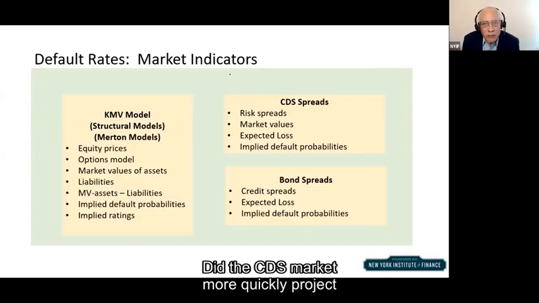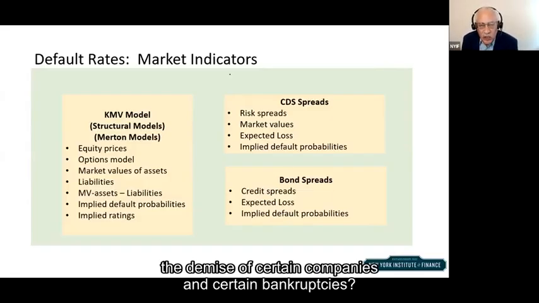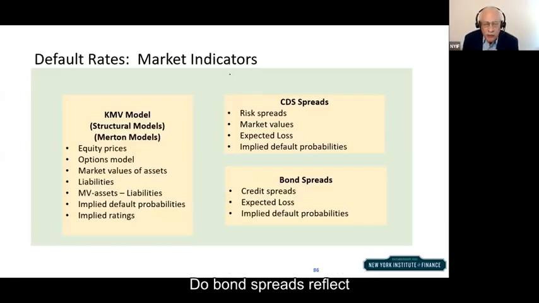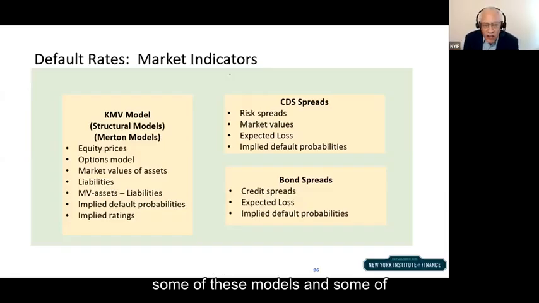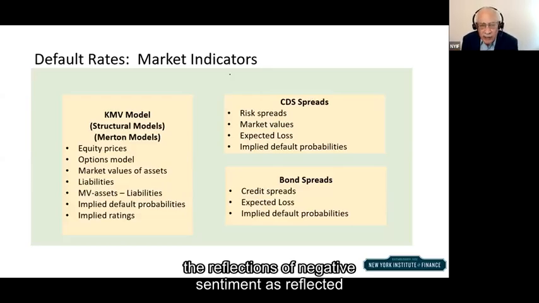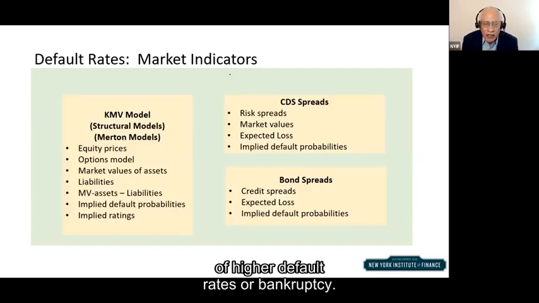Did the CDS market more quickly project the demise of certain companies and certain bankruptcies? Do bond spreads reflect higher default probability than, say, credit ratings actually do? And you can notice that over the last 20, 25 years, some of these models and some of the reflections of negative sentiment as reflected by spreads have been very good predictors of higher default rates or bankruptcy.